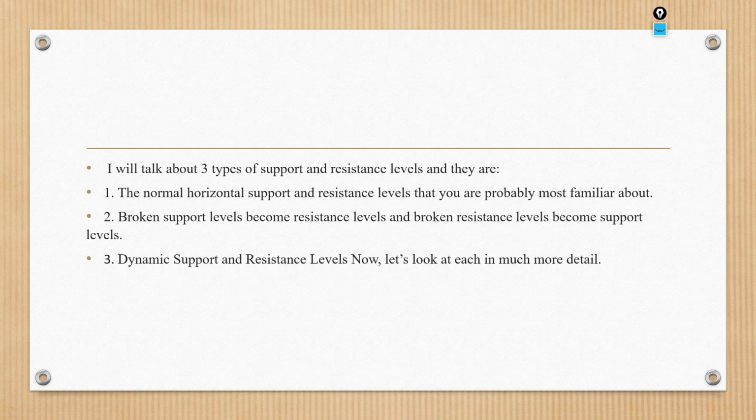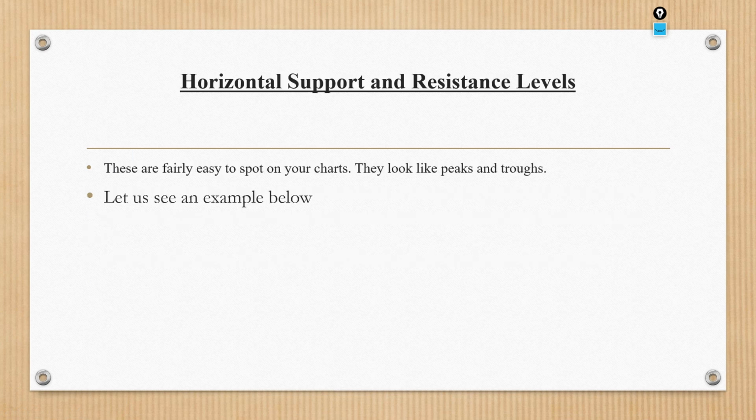The first one is the normal horizontal support and resistance levels that you are probably most familiar with. The second one is broken support, which eventually becomes resistance, or broken resistance, which eventually becomes support. Then I'll talk about dynamic support and resistance levels. So let's now go deeper into these things.